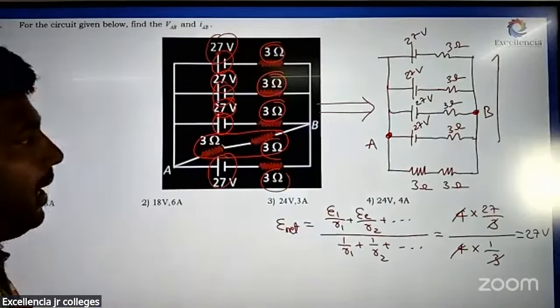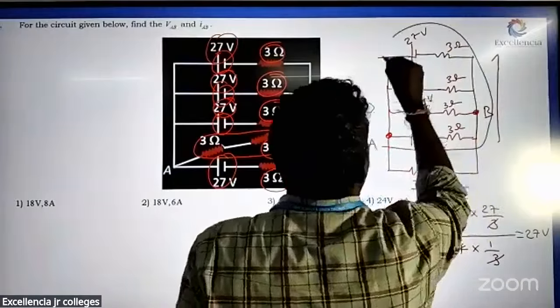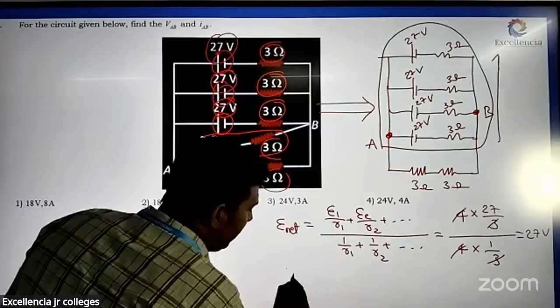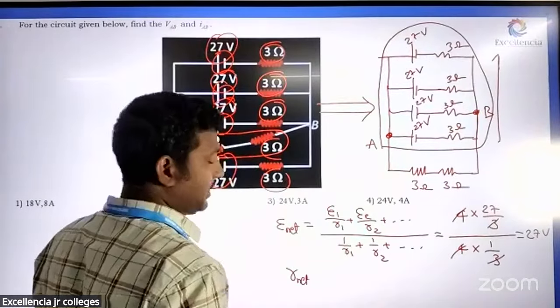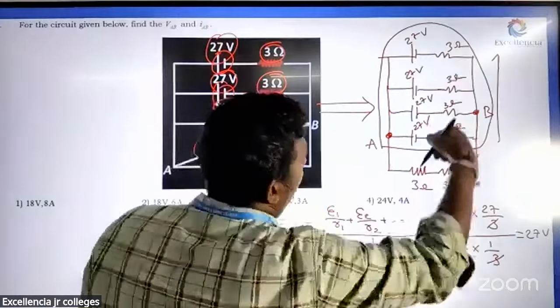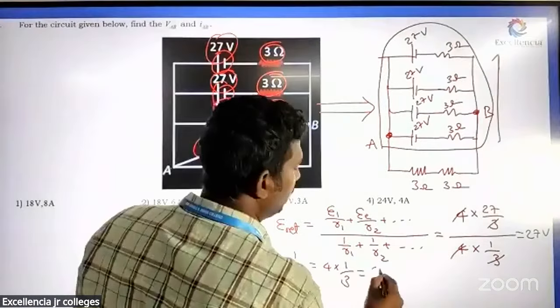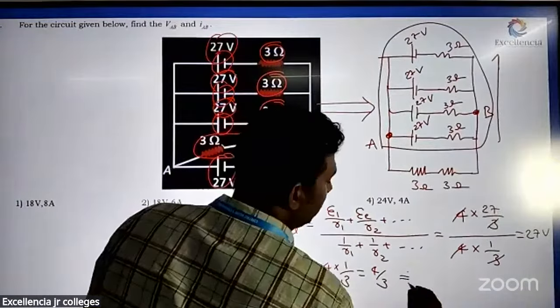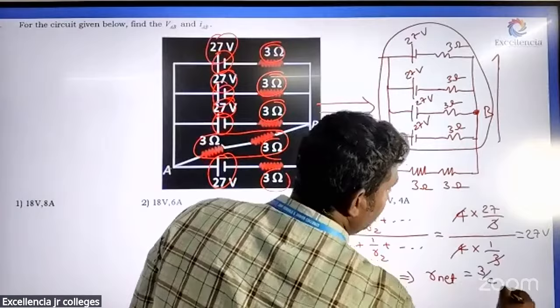So we found E net for this completely. In the same way, R net, the net internal resistance. How do we write it? How many do we have? 4 times 1 by 3, so 4 by 3. Then R net will be what, students? 3 by 4.